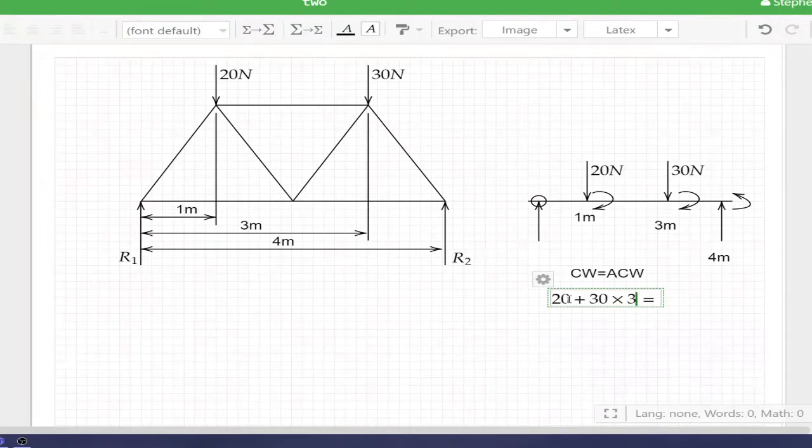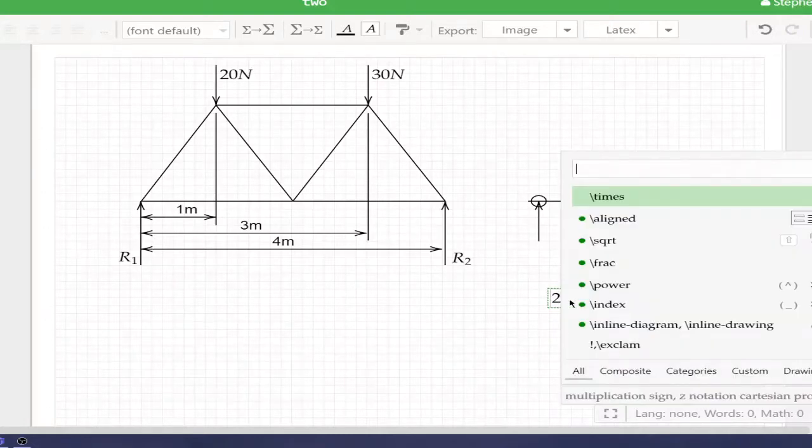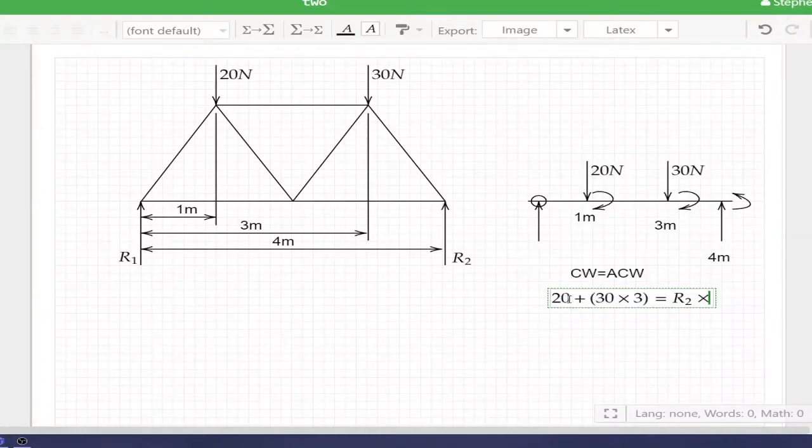Okay, so we can put that in brackets just to keep track of things a little bit more. And then on the other side, we have reaction force 2, and that's times by 4 meters. So that's our equation. That's how our beam balances out.